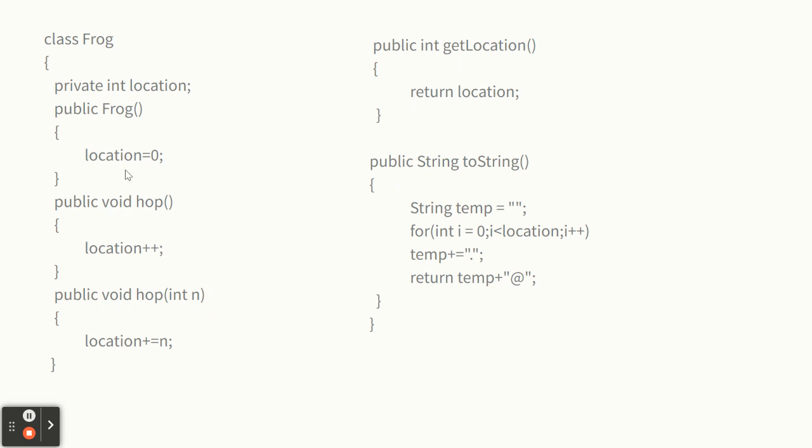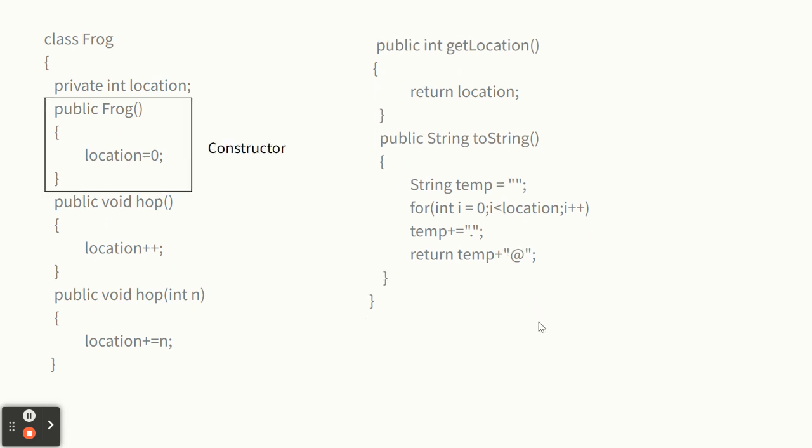You create a frog. You don't send over any arguments. It sets the location to 0. Then you can tell the frog to hop, and it goes forward 1 space on the location. Or you could tell the frog to hop a certain amount, and it goes ahead that amount. Then you're able to ask the frog, hey, where are you? And it tells you where it is. And then you're able to print the frog, and don't worry about all that. You'll learn about all that later.